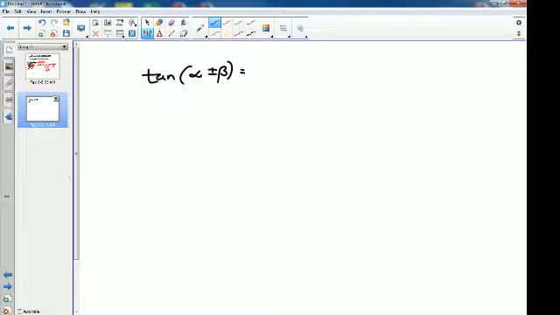Just imagine yourself basking on a beach somewhere, and it'll be less terrible. On top, the numerator is tan alpha plus or minus tan beta, and then the denominator is 1 minus or plus tan alpha tan beta.